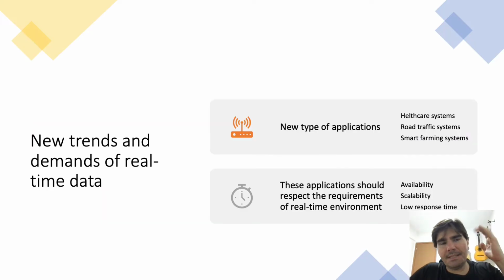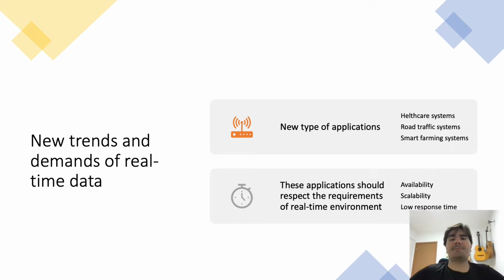But in recent years, new demands and new systems have emerged, and these systems need to have updated data as fast as possible. As examples of these new types of environments and systems, I can mention healthcare systems, road traffic systems, smart farming systems, and smart city systems.